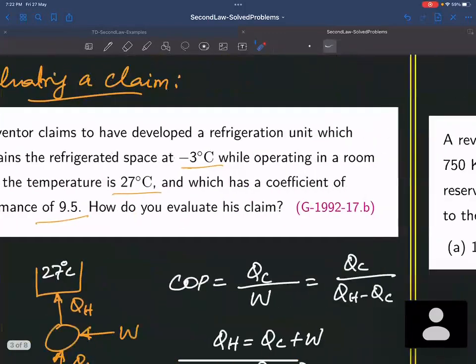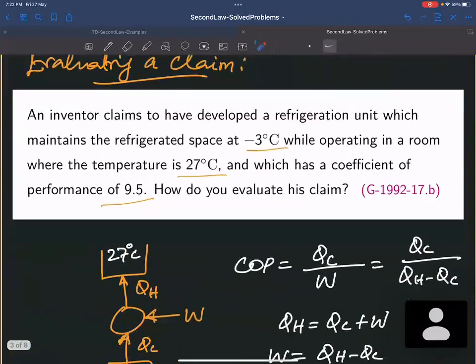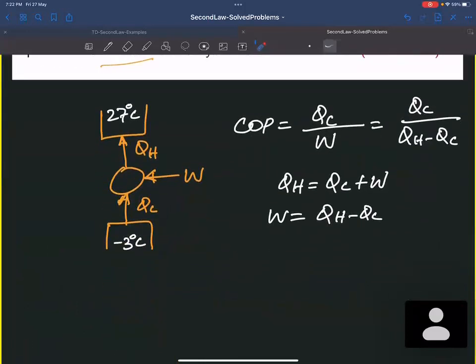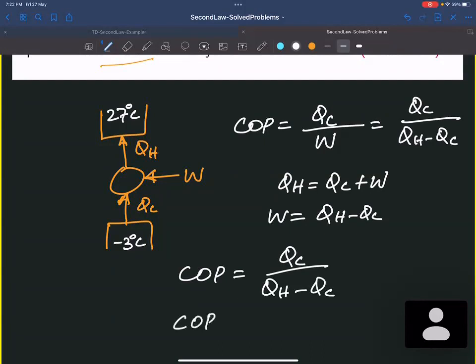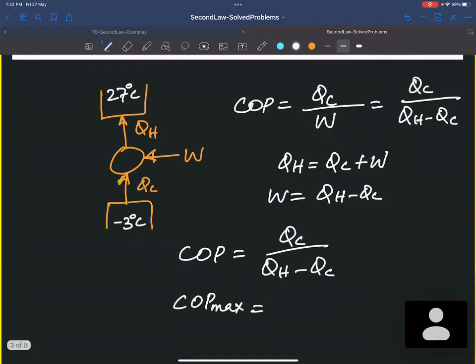So it is always better to relate the content whatever we are discussing. That's why I'm going front and back. Now we are writing COP equal to QC by QH minus QC, and the maximum possible COP, which is the COP of a Carnot refrigerator, you can write this entire Q in terms of temperature.